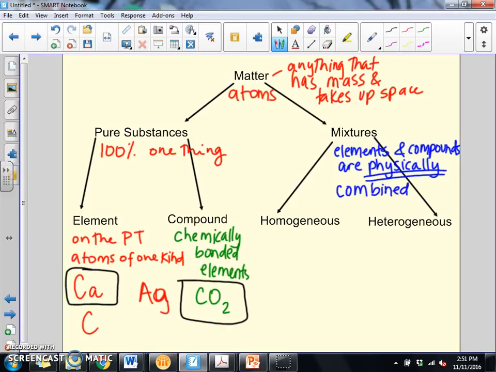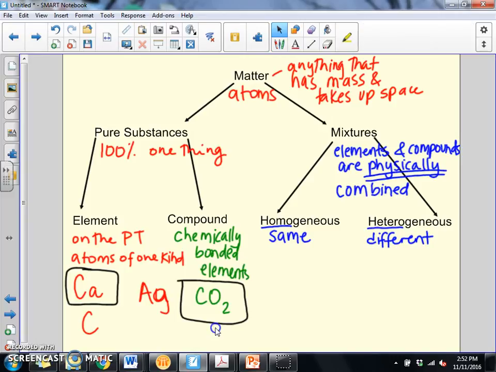Now, you can have two different types of mixtures: homogeneous and heterogeneous. The prefix homo means same, and the prefix hetero means different. A homogeneous mixture looks the same. All of the things are mixed together, but it's uniform. A heterogeneous mixture has several things in it, but they look different.